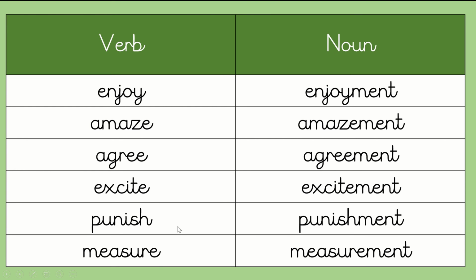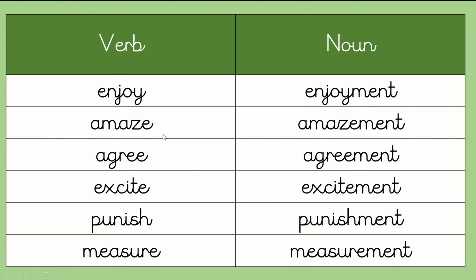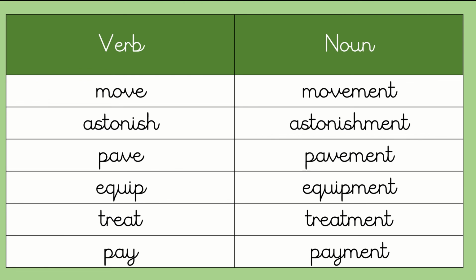Punish is a consequence of what happens if you do something and it's not necessarily the right thing that you should be doing. Hopefully we should know what measuring is. It's seeing the size of something. Hopefully we know what moving is. Astonish is very similar to amazement. It's when you're surprised but in a good way.